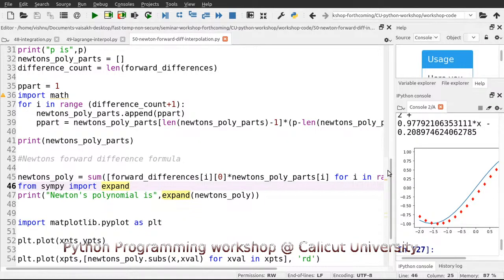The difference formula is applicable provided that the differences are uniform. In the divided difference, we are dividing by the x value differences.